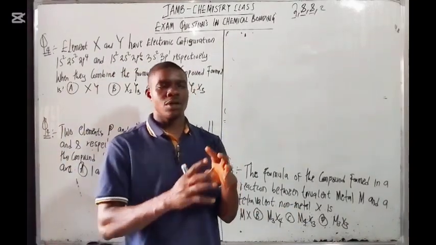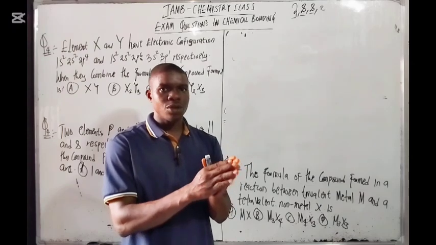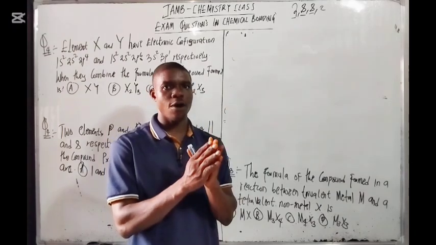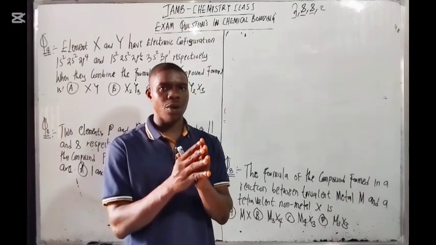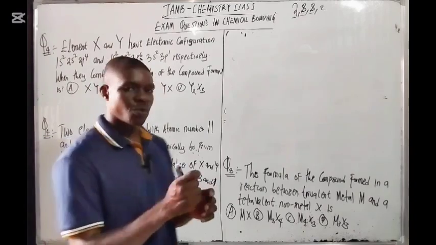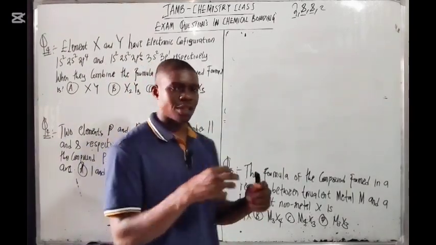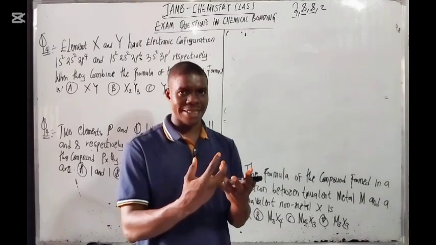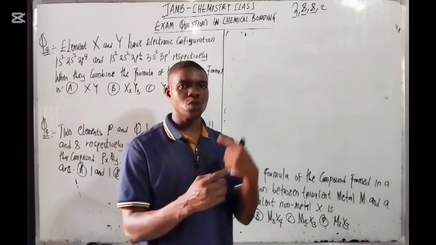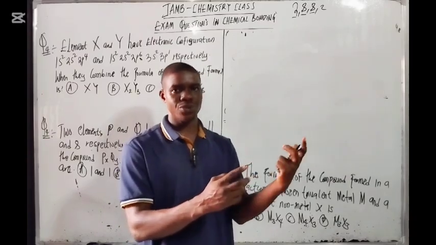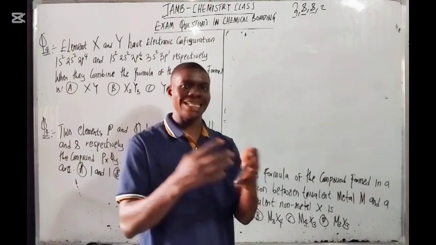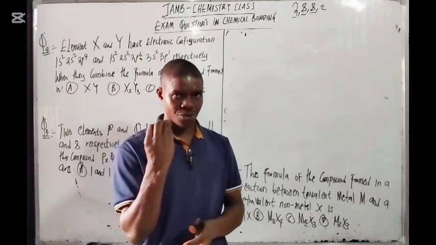Now, when a metal loses 1 electron, it forms what we call monovalent, right? Now remember, valent means the number of electrons that you gain or lose. So mono means one, di means two, tri means three, tetra means four. You have to know these.